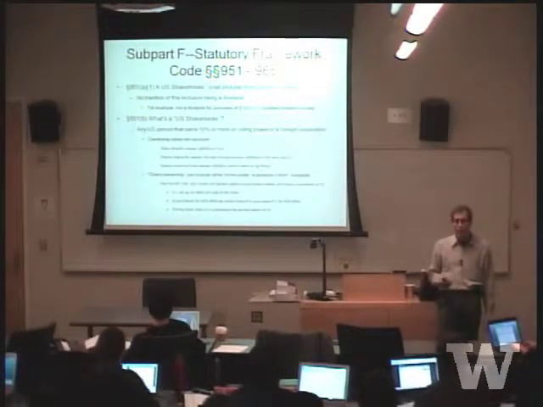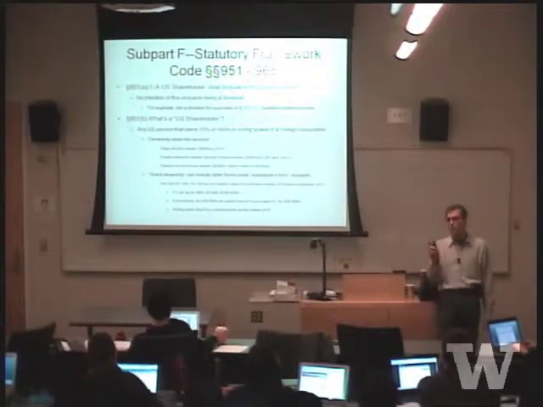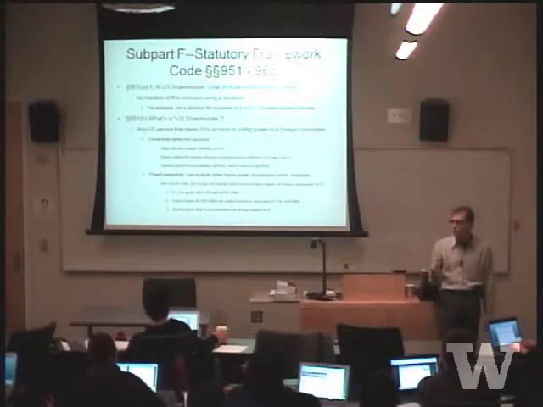Anybody have an obvious way to avoid Subpart F completely, if that's an issue? We haven't talked about what is a CFC, so just think back on the last, this is what, class session 5, I think? Think on the last 4 class sessions.